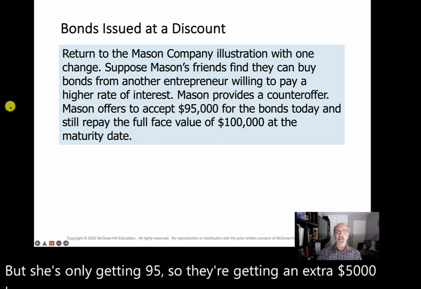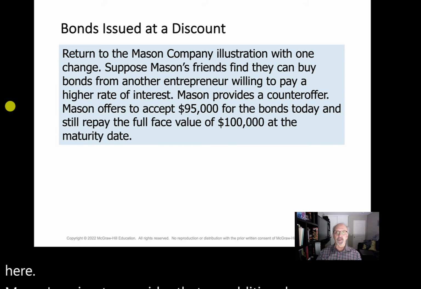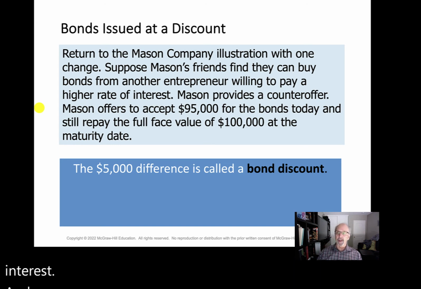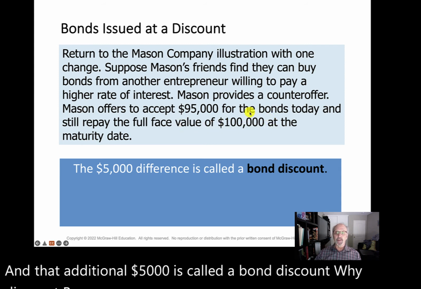Mason's going to consider that an additional $5,000 of interest. And that additional $5,000 is called a bond discount. Why discount? Because you're discounting the face value of $100,000 to $95,000.